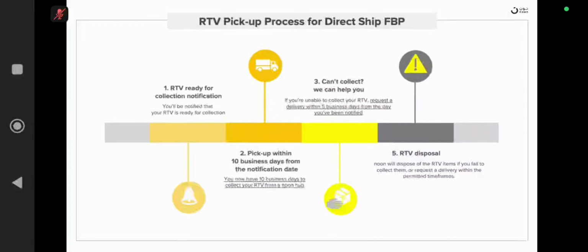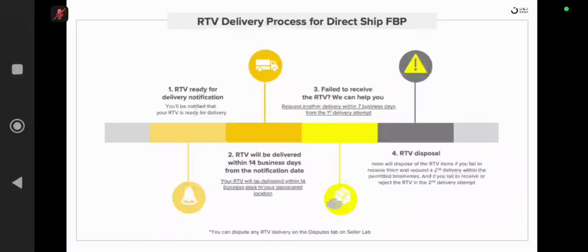In the end, if you haven't collected the item or requested delivery within this timeline, Noon will immediately confiscate the item and you will no longer be able to claim the products, as Noon will liquidate the items.